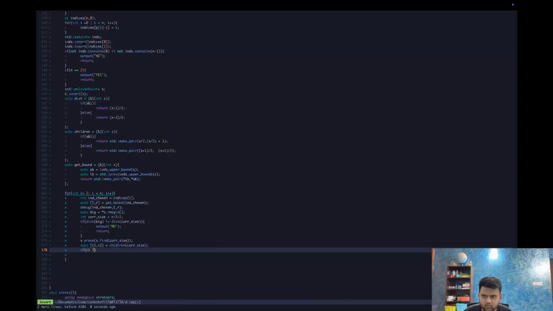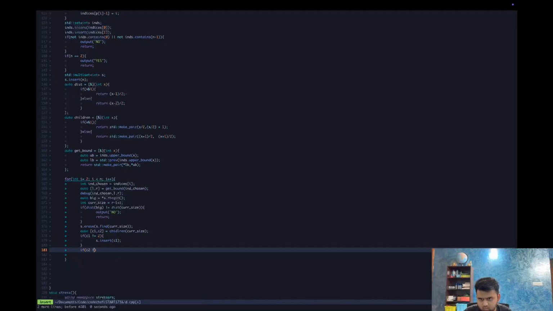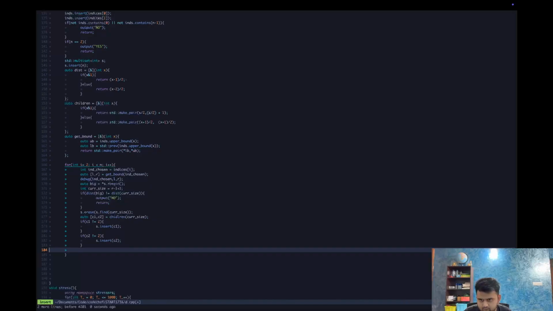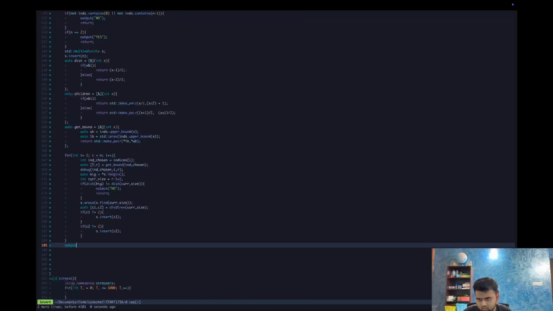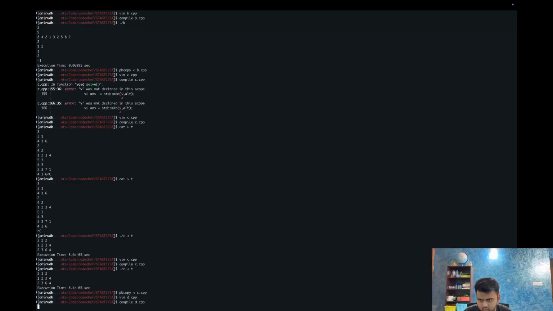If c1 is not equal to 2, then s dot insert c1. If c2 not equal to 2, s dot insert c2. So if it completes all this, then output yes. Compile.